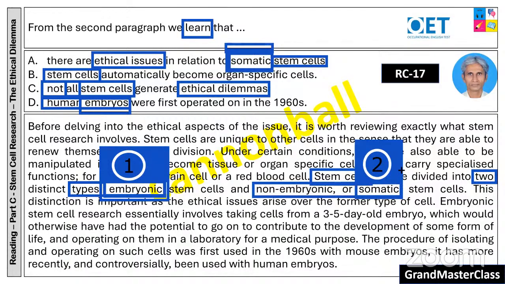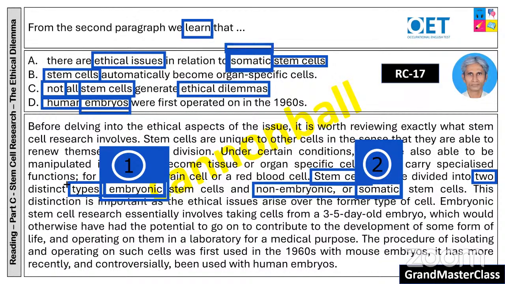Now let us see the next sentence. We don't know anything till here. The sentence says: this distinction is important as the ethical issues arise over the former type of cell. Now here come the ethical issues.